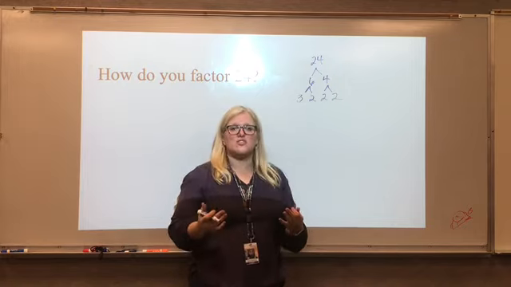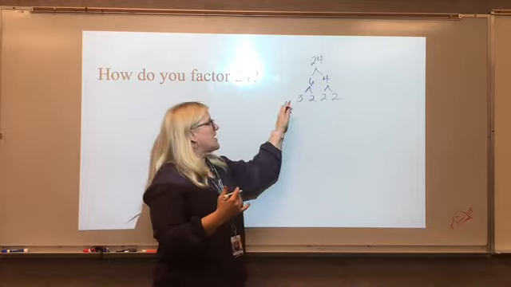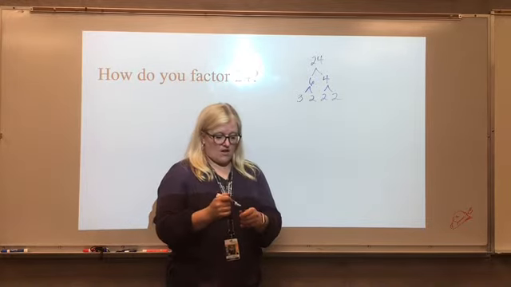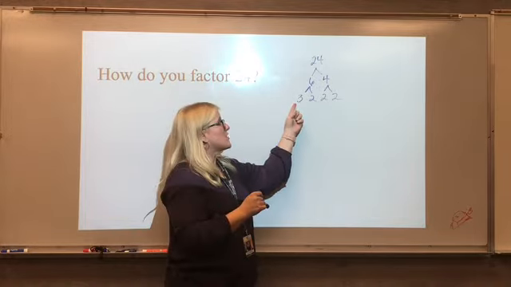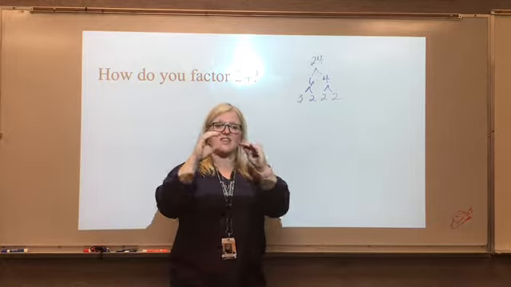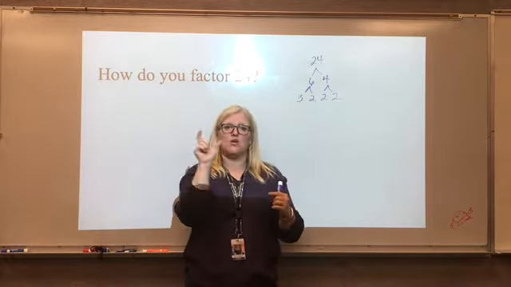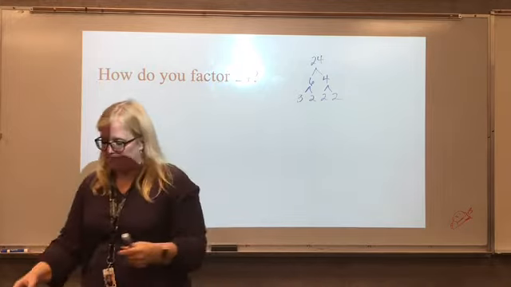And that is what we're doing with polynomials. We're factoring them completely. We're not creating a tree like this, but we're breaking them down into factors. 3 times 2 times 2 times 2 is 24. And just like these pieces, when I multiply them together, I get the polynomial that I'm given.